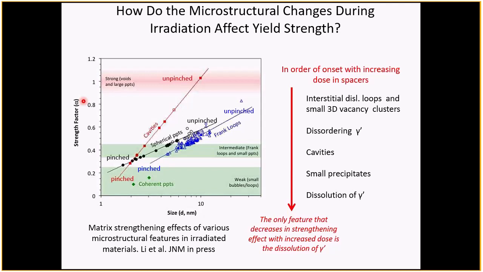That dictates all of the factors being considered: the size, the spacing, and by that, the number density. So really the size and the spacing. How much easier or harder is it for a dislocation to get by a cluster? That factor is given by the strength factor.